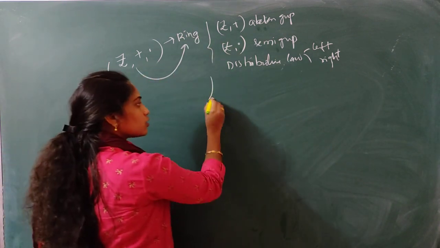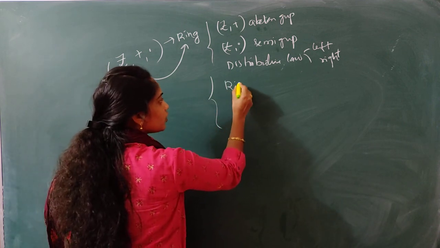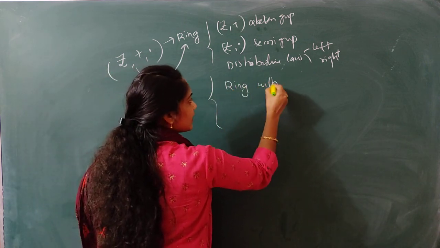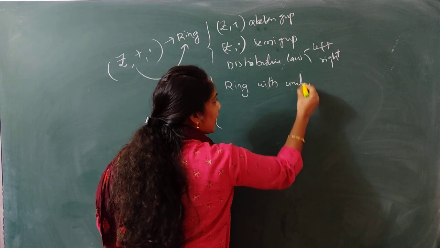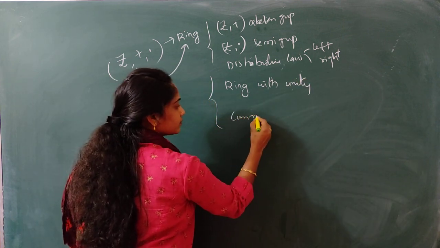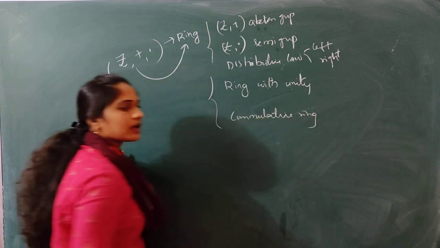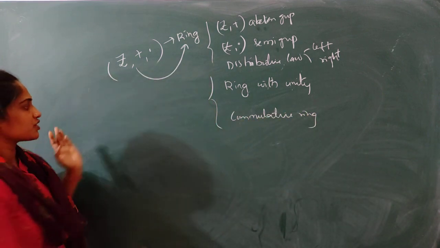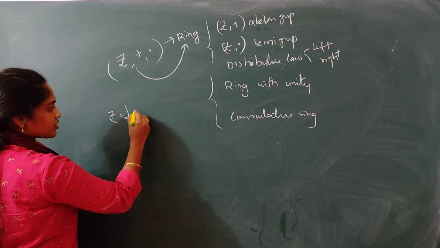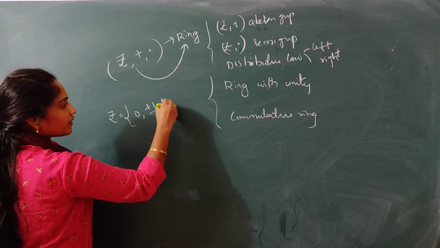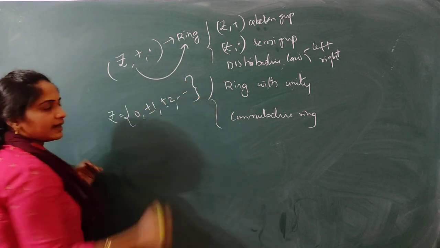And already we also know that Z is a ring with unity, and it is a commutative ring. How can you say that? As it is an integer, Z is nothing but the set of integers, 0, plus or minus 1, plus or minus 2, and so on.